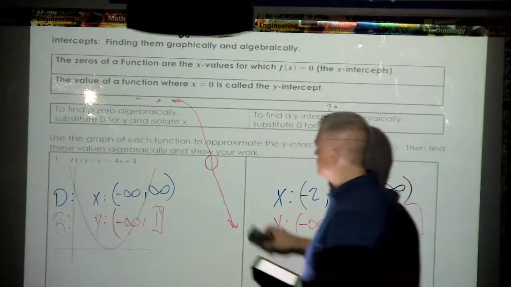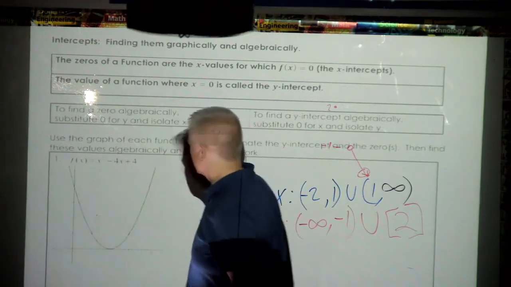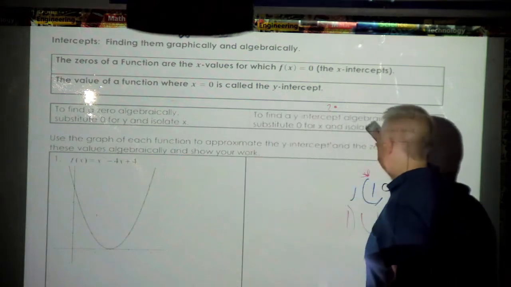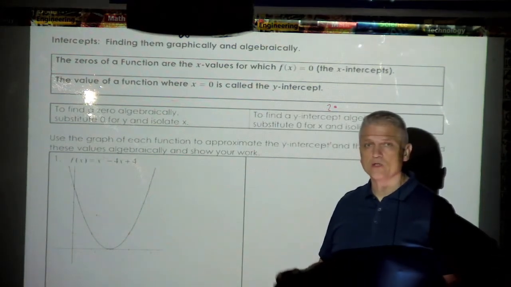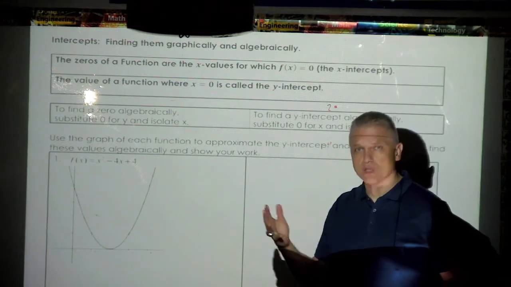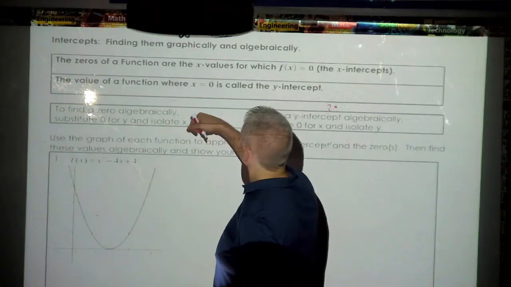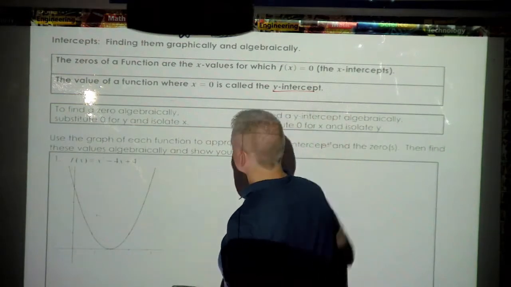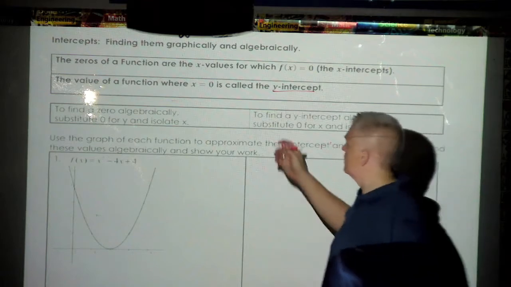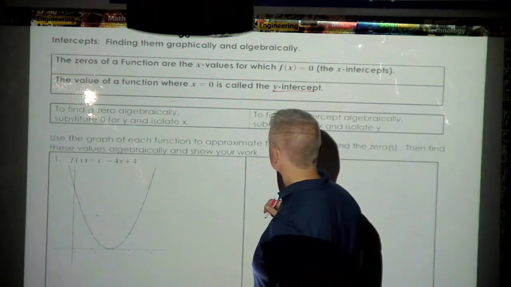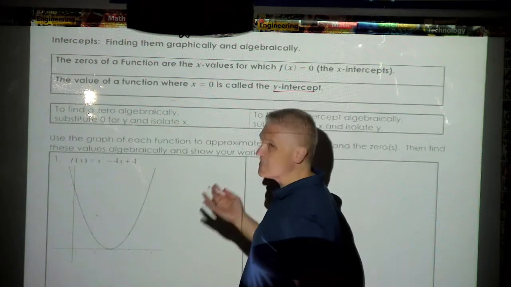Your intercepts. We've talked about our intercepts in class. So, X-intercepts and Y-intercepts. The Y-intercept you can find when you substitute 0 for X and solve for Y. The X-intercept also is called a zero.